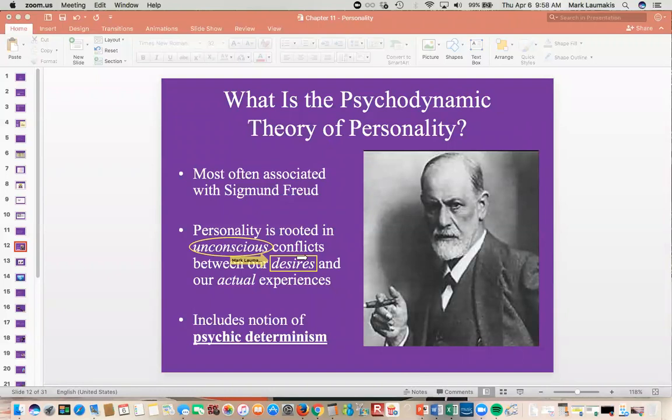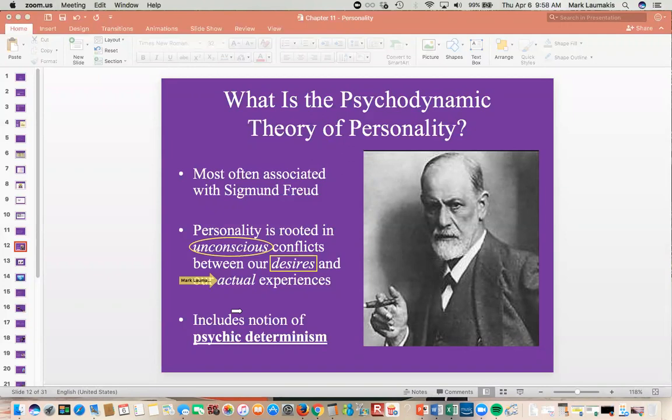So there's a lot around that, right? These sexual impulses, these aggressive or violent impulses, these kinds of drives and desires. And he thinks that we can end up with some unconsciously driven conflicts and problems when what we want and what we're actually experiencing on an everyday basis don't map onto each other.